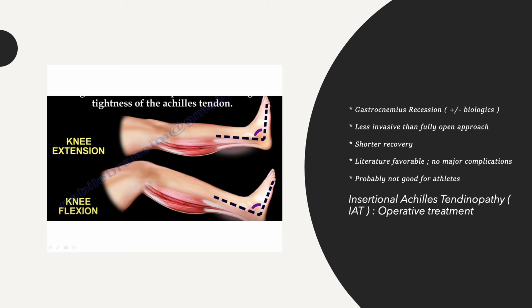I found that in my practice, the vast majority of these patients are tight and they have contracture of either their gastroc and soleus or their gastroc. Of course, in these particular patients, we're likely going to shy away from any kind of Achilles tendon lengthening. So even if they have shown signs of gastric soleal contracture as opposed to isolated gastroc contracture, I'm going to do a gastroc recession.